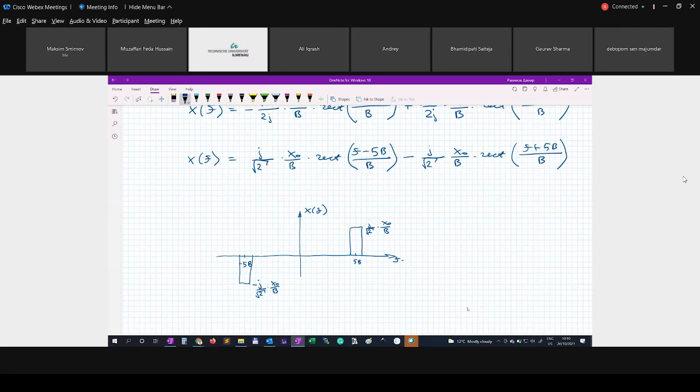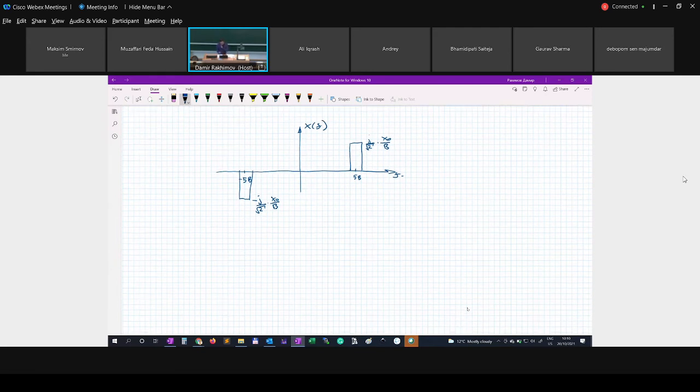Okay, but you could also get the same result. You could get this spectrum simply from the spectrum of the low pass signal. We could start with the signal in the low pass range and its spectrum, XL of f.